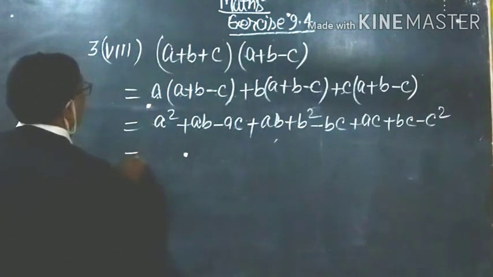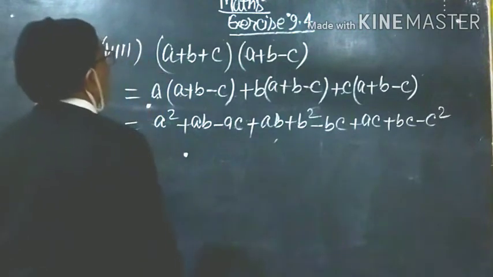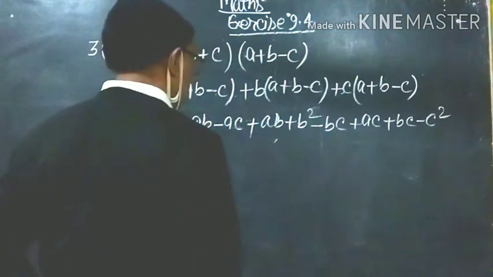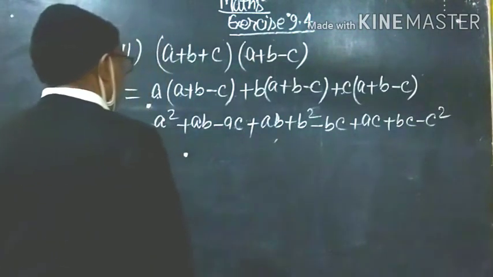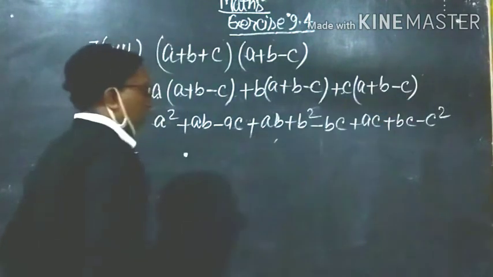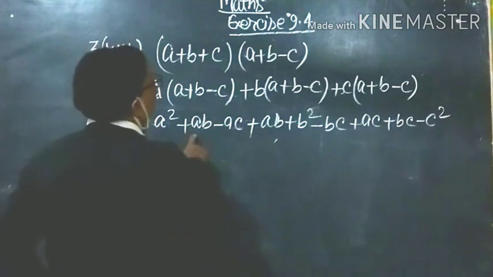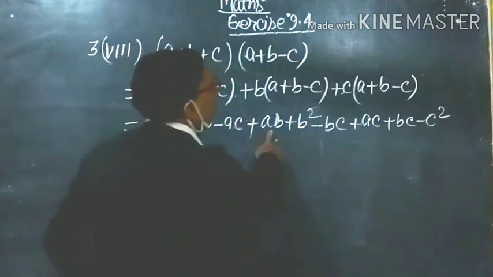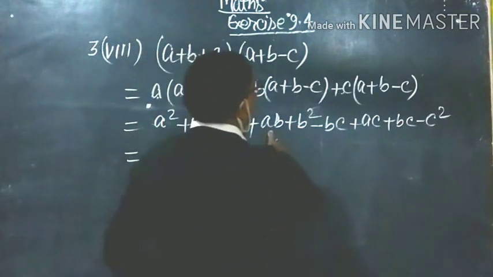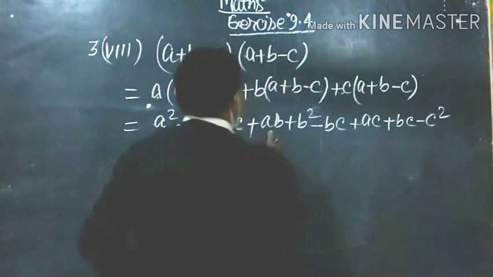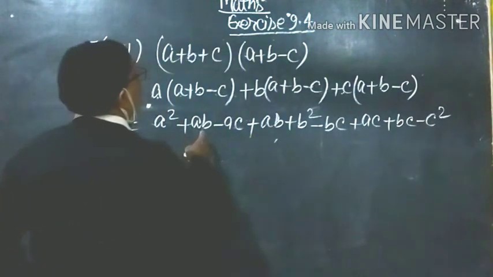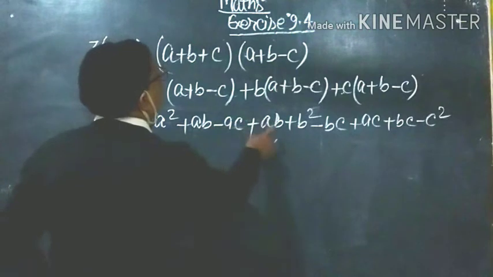First of all, you look for the like terms. If there is a like term, then you add together. Like here, plus ab and plus ab, both are like terms and both are plus sign. They will be added together.